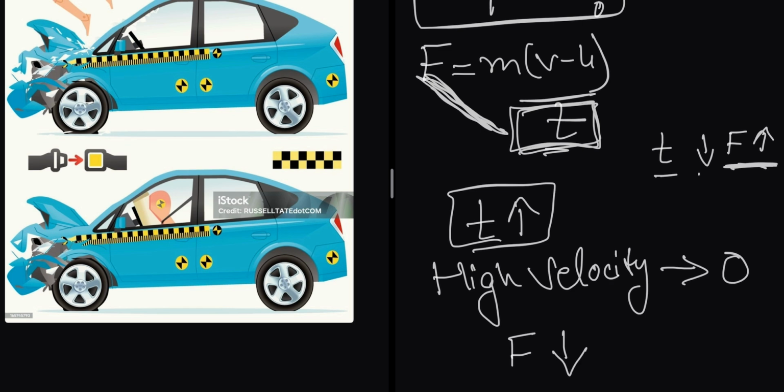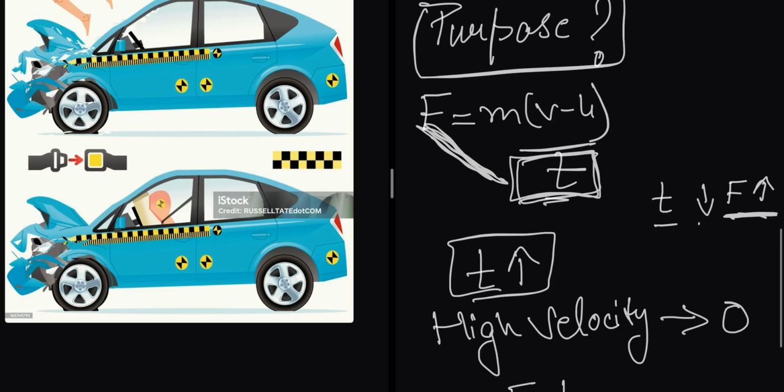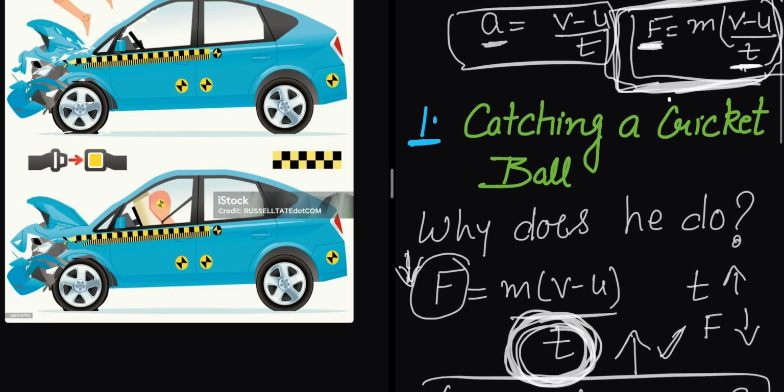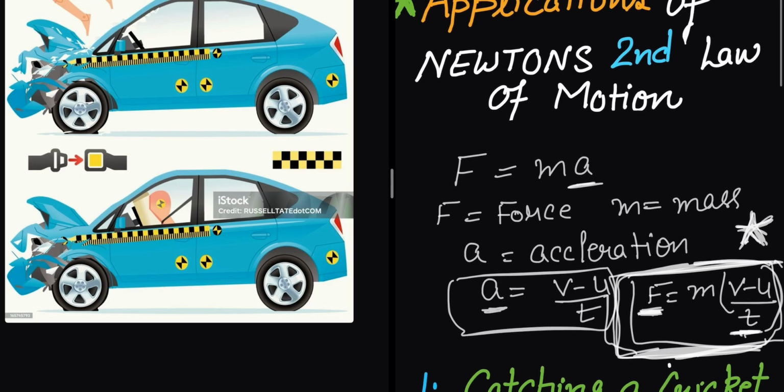This means the rate of change of momentum of the passengers is reduced, hence the stopping force acting on a passenger is reduced. They may not get injuries at all or get away with minor injuries. Clear, students? So these are the real life examples of Newton's second law of motion.